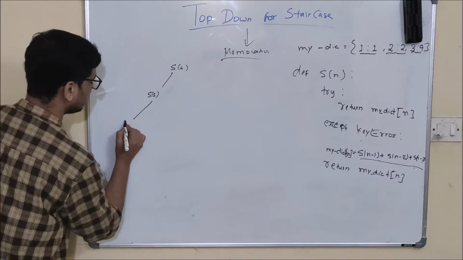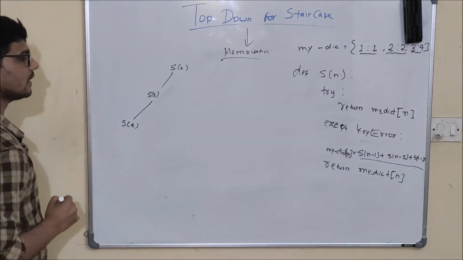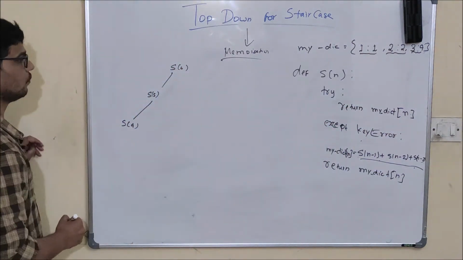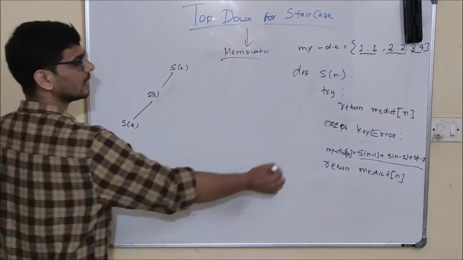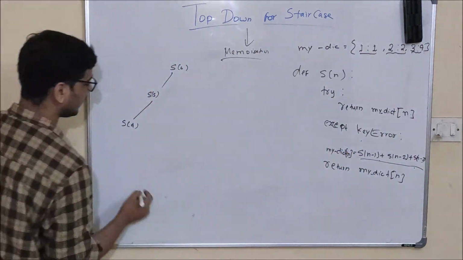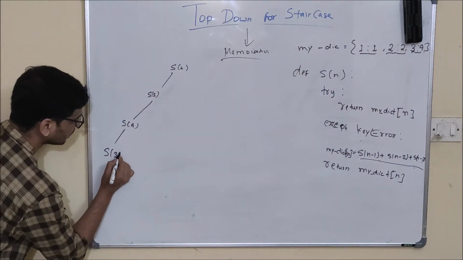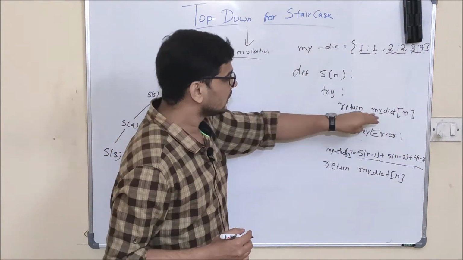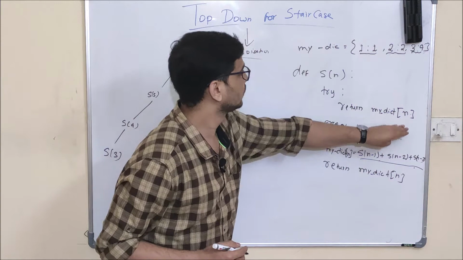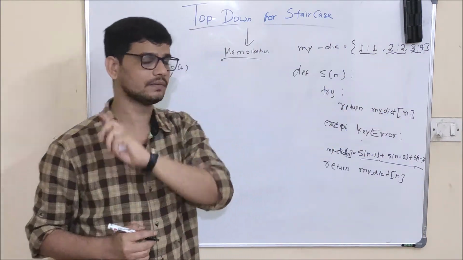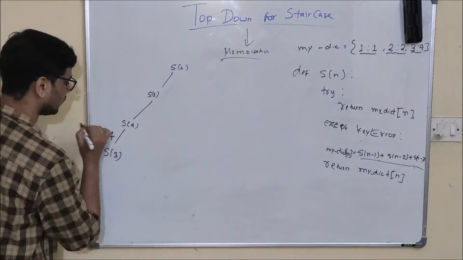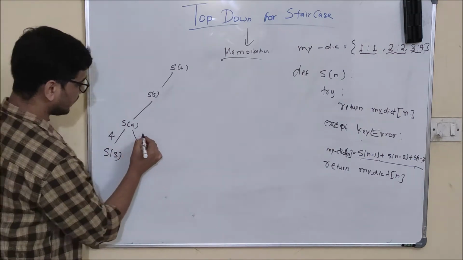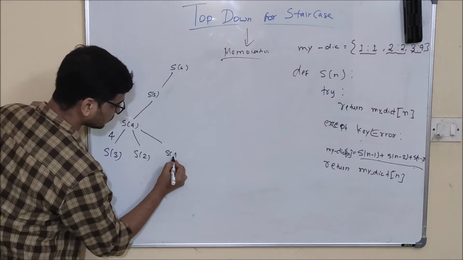So basically it will call s of 4, and again s of 4 will try to return my dict of 4. It will again throw an error, and the except block will catch it and call s of 4. Sorry, s of 3. When s of 3 is called, it will try to return my dict of 3, and my dict of 3 is there, so it will return 4 from here, and after that s of 4 will call s of 2, and after that it will call s of 1.